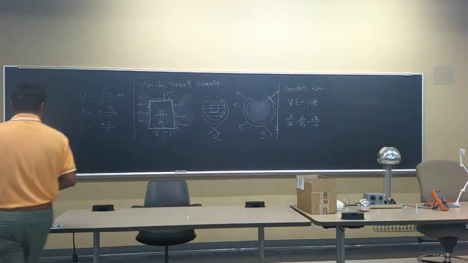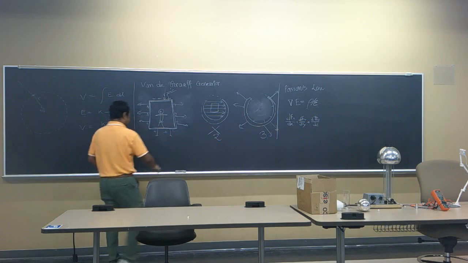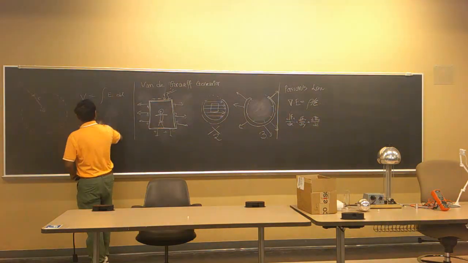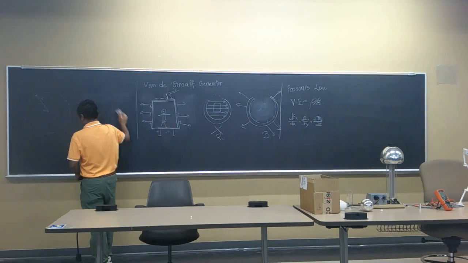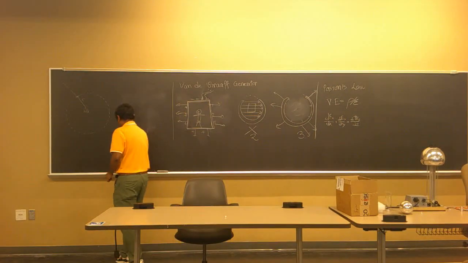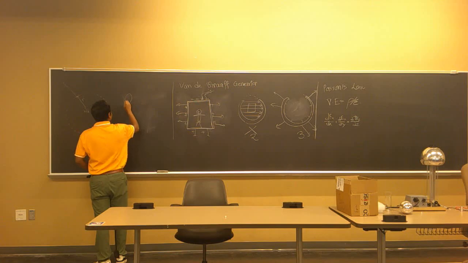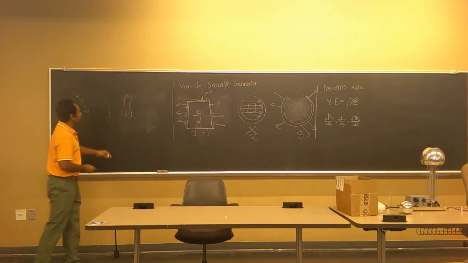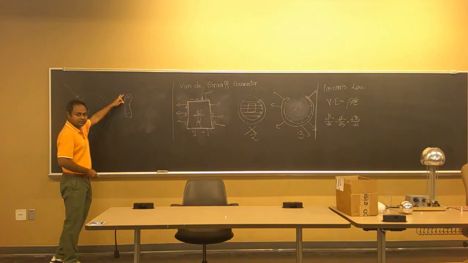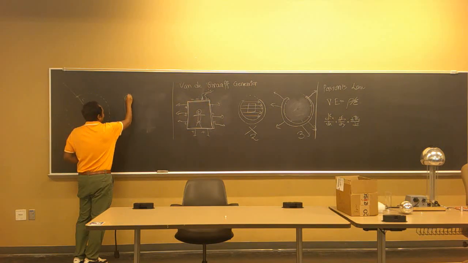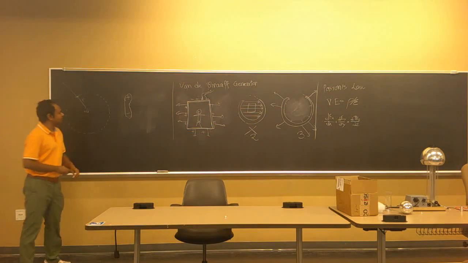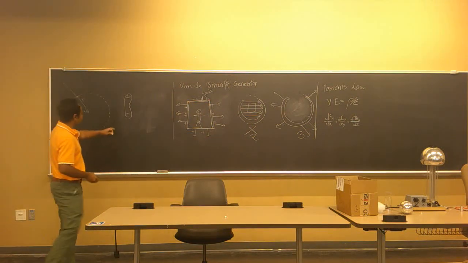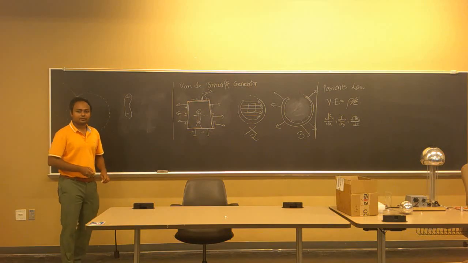So, if I put this piece of paper in an electric field, then probably one side of it would get partially positive and the other side of it would get partially negative. Okay?